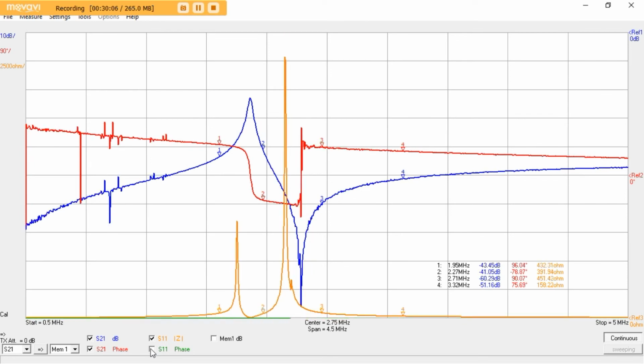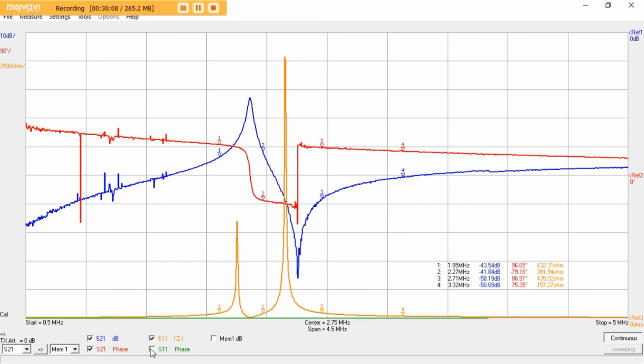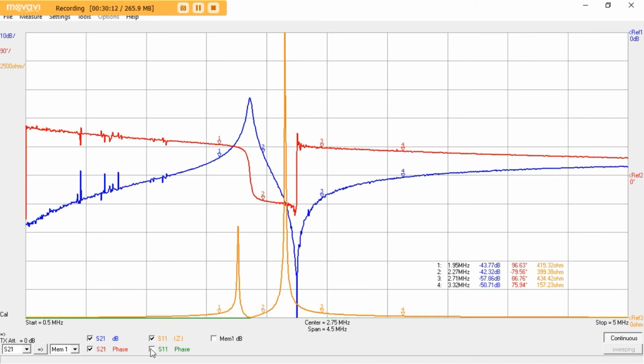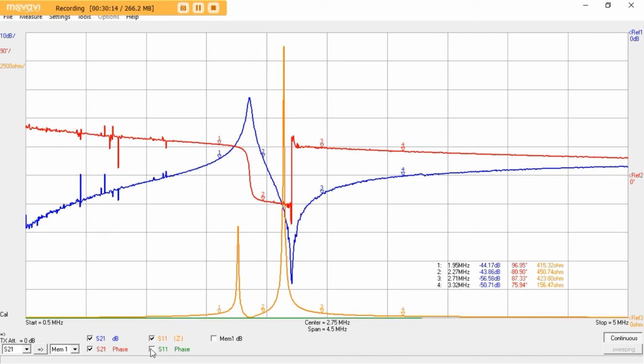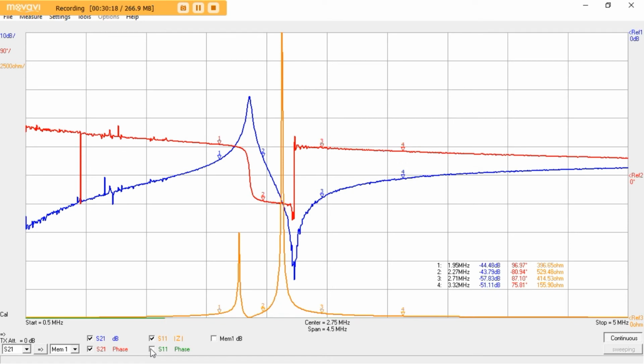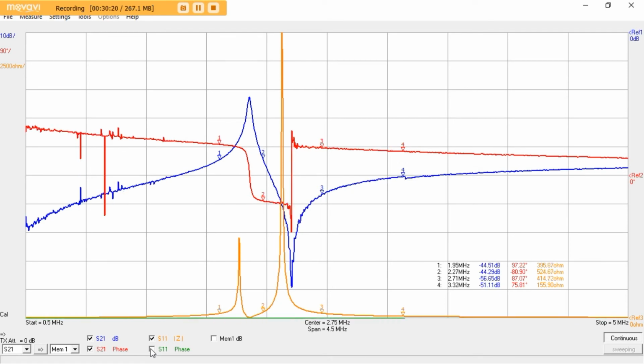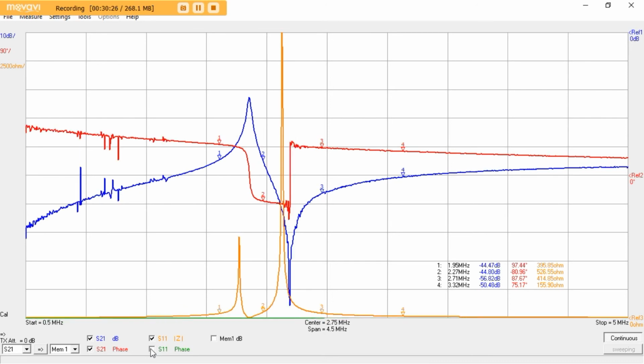We can see obviously the changing characteristics in the parallel modes. Okay, that is a distance now of 20 centimeters. We were first at 7, then we were at 20.